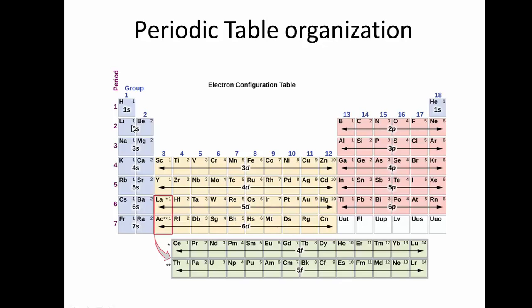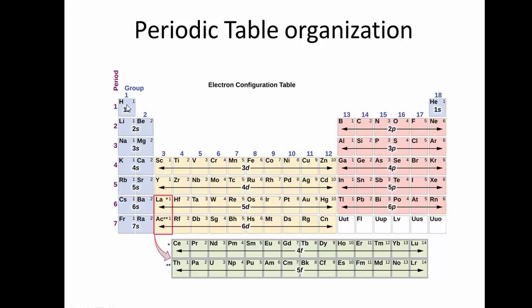And then we have lithium. Lithium has an electron configuration of 1s2, 2s1. Beryllium is 1s2, 2s2. And then when we get to boron, carbon, nitrogen, oxygen, these are in our p block because now this introduces electrons into the 2p orbital.